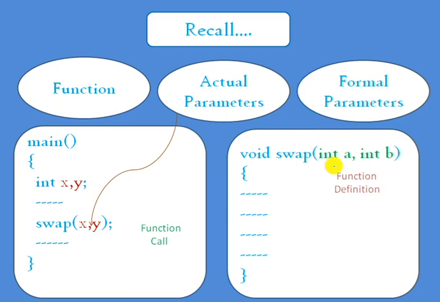Whatever variables or parameters are in the function definition are called formal parameters. So these are about what is a function, and what are the actual and formal parameters.